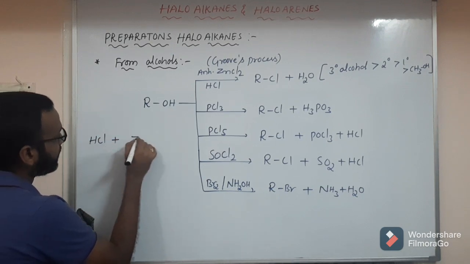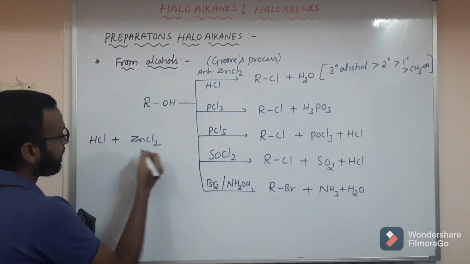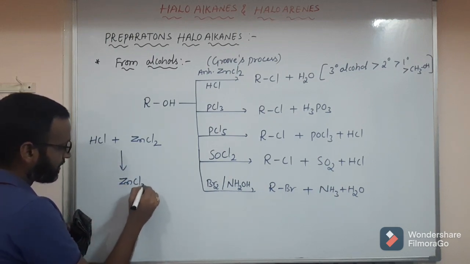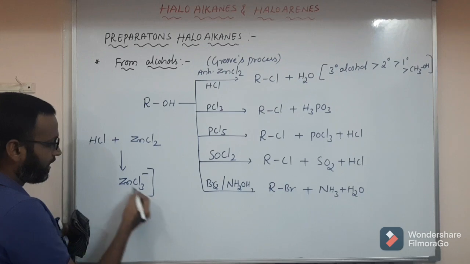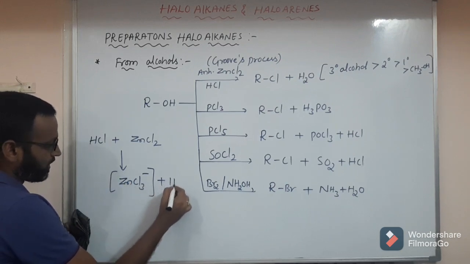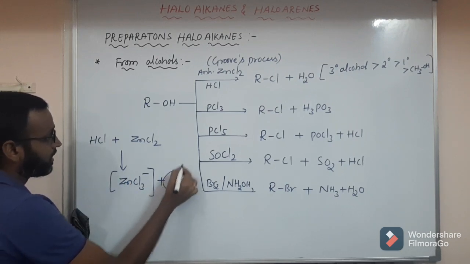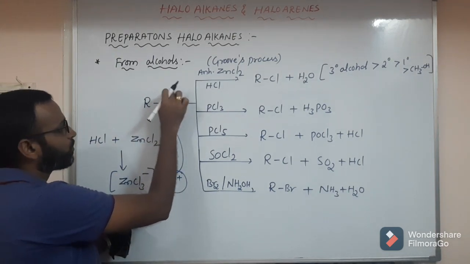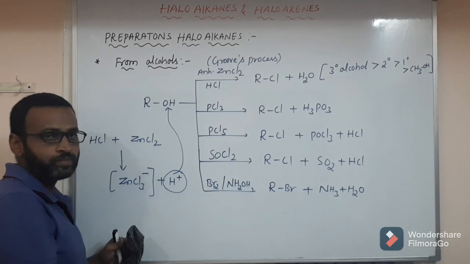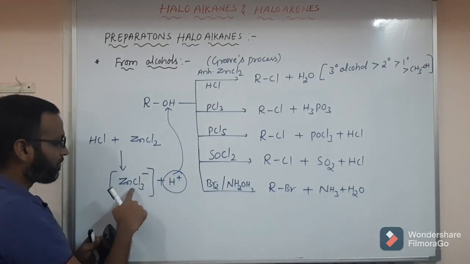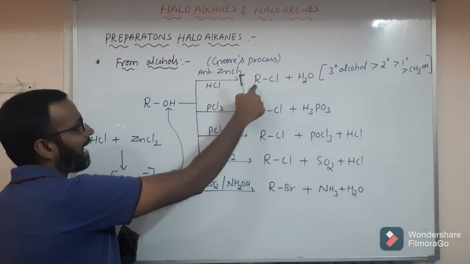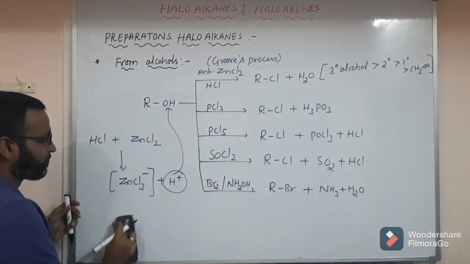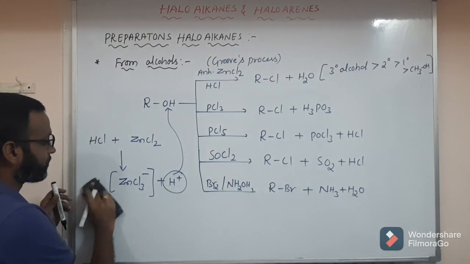Now ZnCl2 and HCl react to give ZnCl3 minus plus H plus. This H plus adds on the alcohol, so you get ROH2 plus. Water goes, and again Cl minus adds on carbon. This is very important for us. Hope you understood this one.